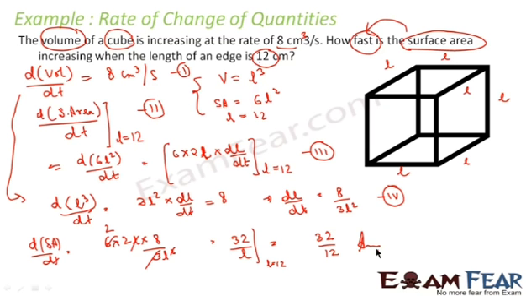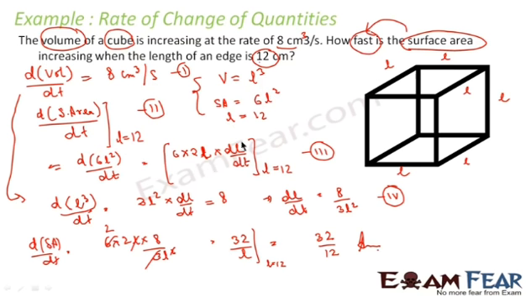So what we have done here: change in volume with respect to time was given to us, so we just kept it. We were asked to find change of surface area with respect to t when L was 12. We used the formula of surface area as 6L square. We found the change of surface area with respect to t comes out to be 6 into 2L into dl by dt.